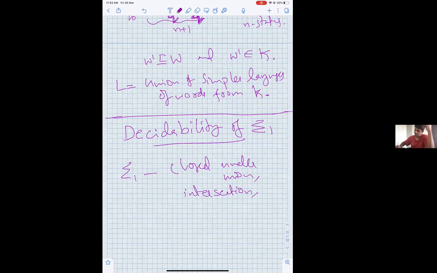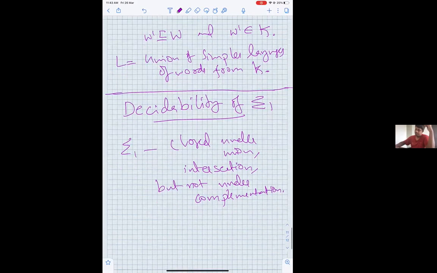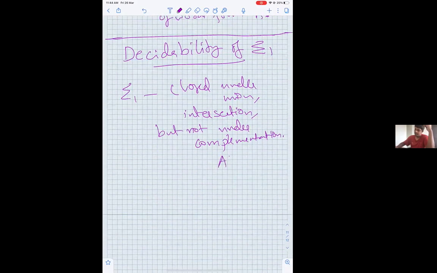Okay. But not under complementation. For instance, if I have A star and I want to take its complement, there is no way I can write it again as a simple language. No matter what I say, what I want to say is that A does not exist in my world.